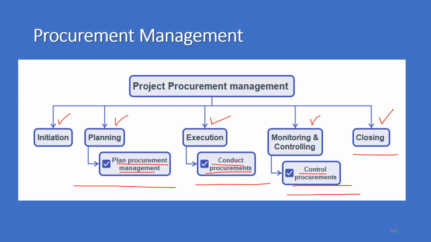And while closing the project, very often the procurement closing may extend even after the formal closure of the project, because sometimes there can be litigations. So formal closure is required for our contracts with the suppliers as well. So very often the procurement team will continue working even after the formal closure of the project.